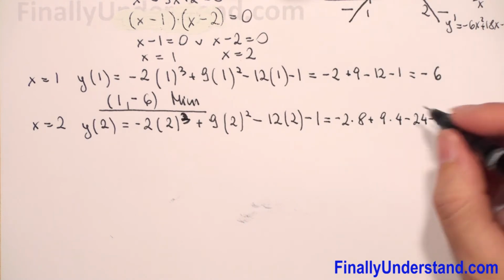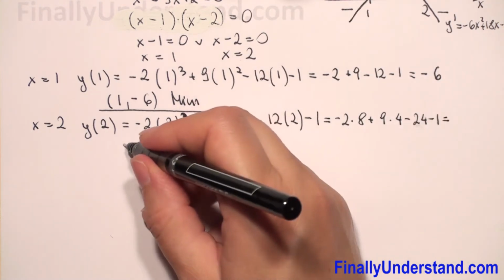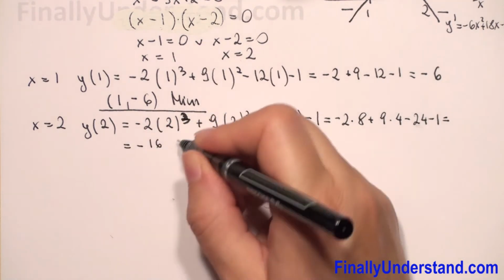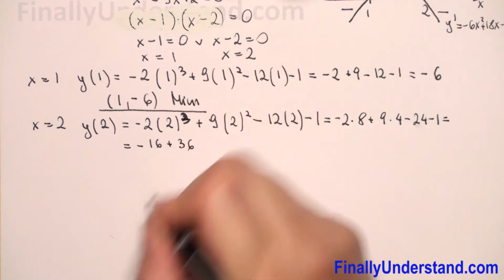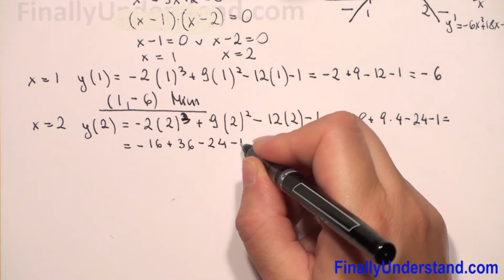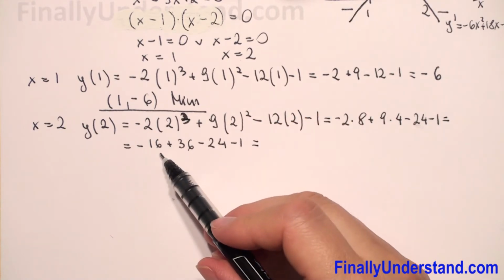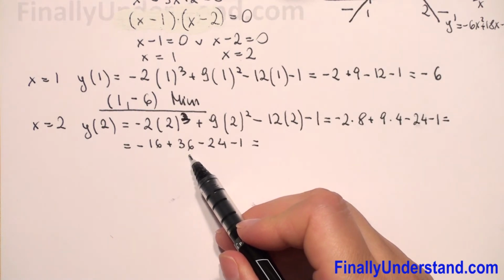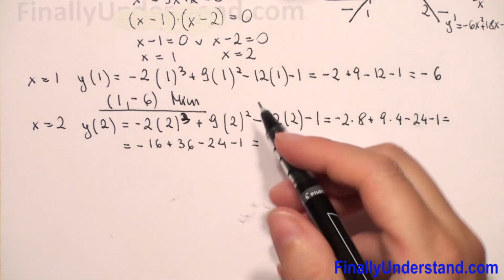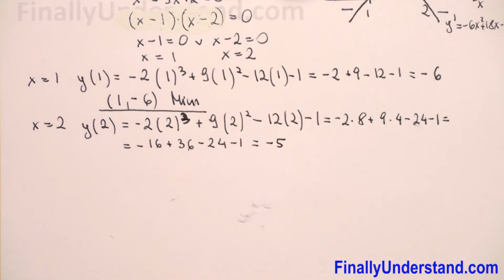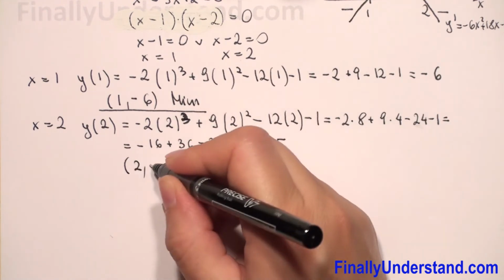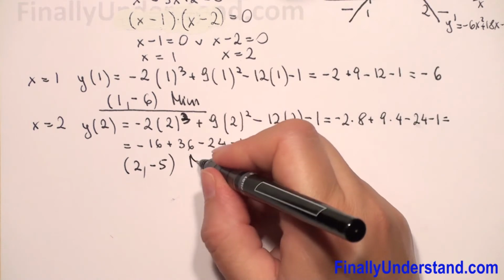Negative 2 times 8 is negative 16, plus 36, minus 24, minus 1. This is equal to negative 16 plus 36 is 20, minus 24 is negative 4, minus 1 is negative 5. So we have our maximum point, 2, negative 5. This is our maximum.